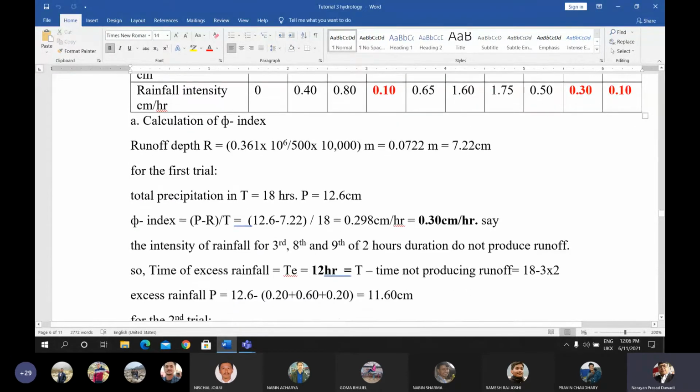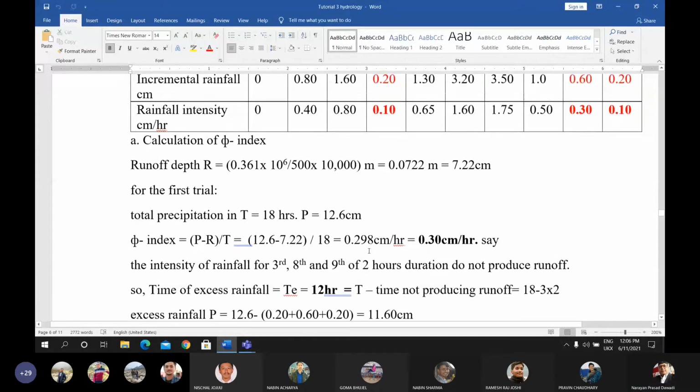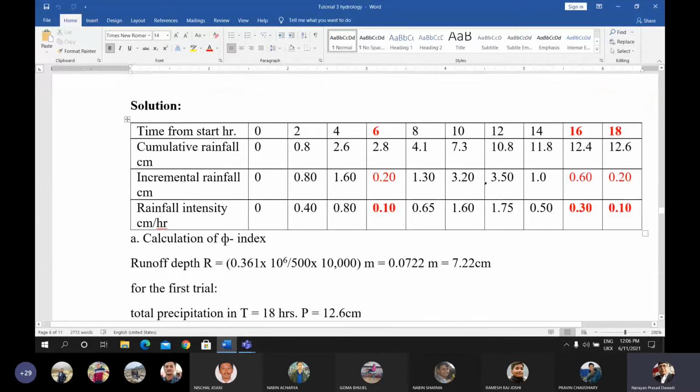Now for the time of excess rainfall: we have taken 18 hours for the first trial. Look at this 18, 16 and 6. These three 2-hour durations are deducted from the total of 18 hours. 16 to 18 is 2 hours, 14 to 16 is also 2 hours, and 4 to 6 is also 2 hours.